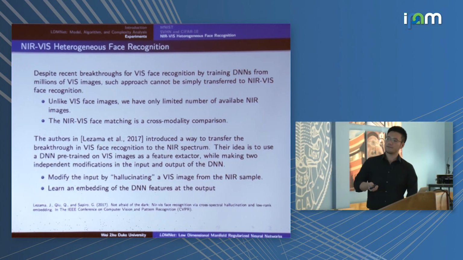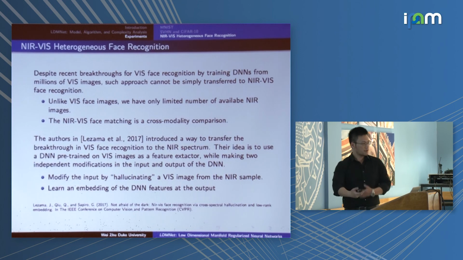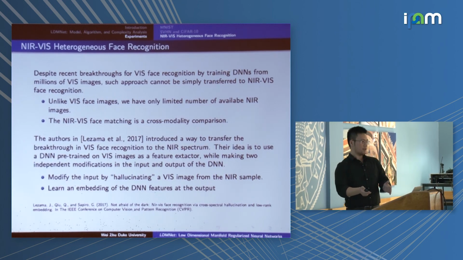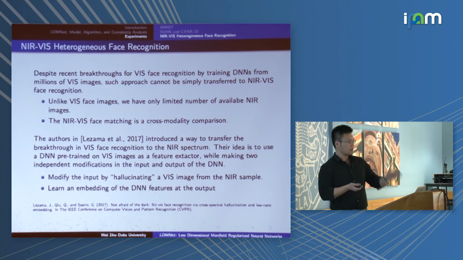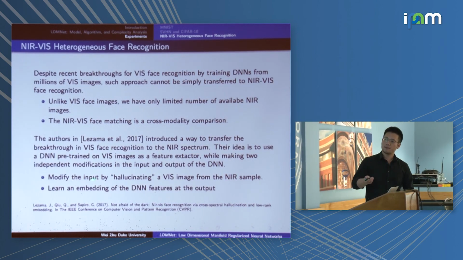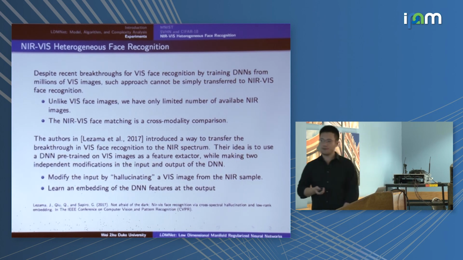What they did is they basically can use any pre-trained network as a feature extractor. And then this network can be treated as a black box, and then they do two steps to modify both the input and the output of the near-infrared image. They modify the input by hallucinating visible light images.